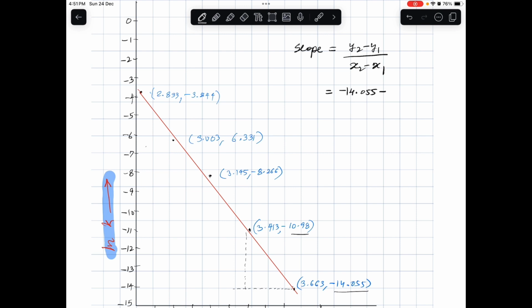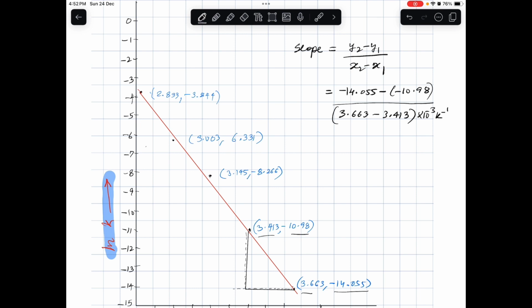So minus 10.98, divided by x2 minus x1. x2 in our case is 3.663 minus 413 here in this case, and we will write outside this into 10 raised to the power minus 3, the scale which we have chosen, and it is in per Kelvin.